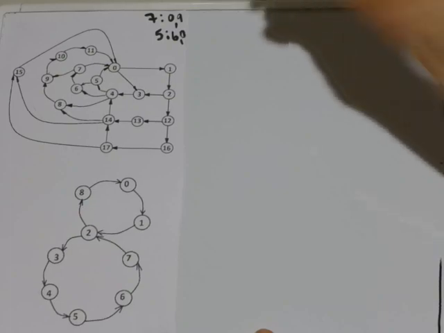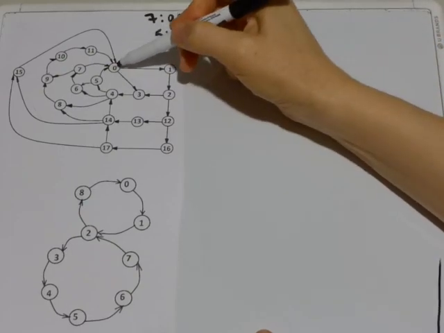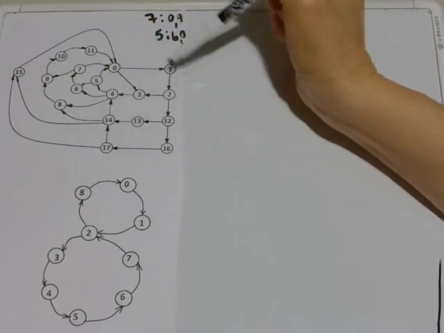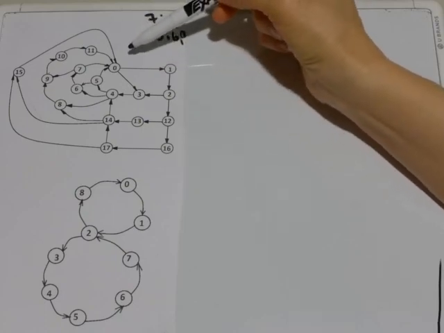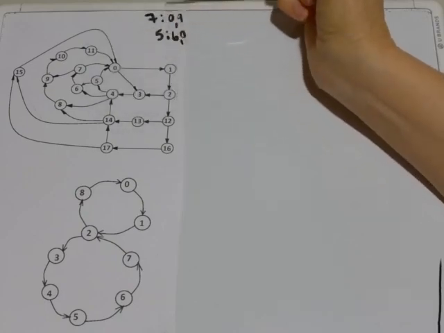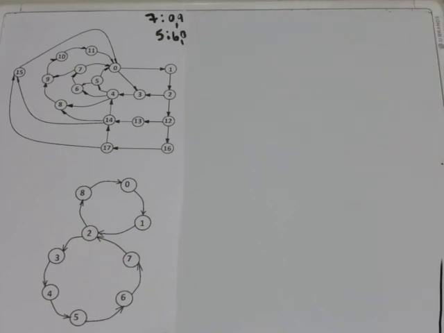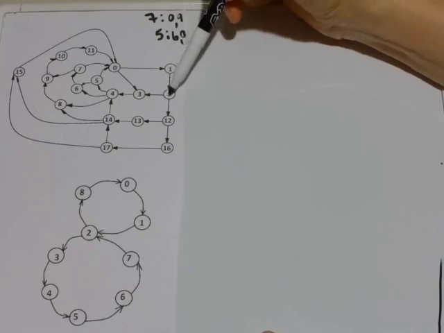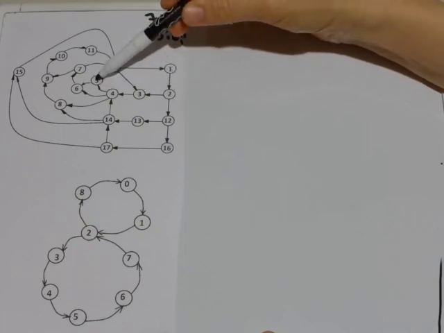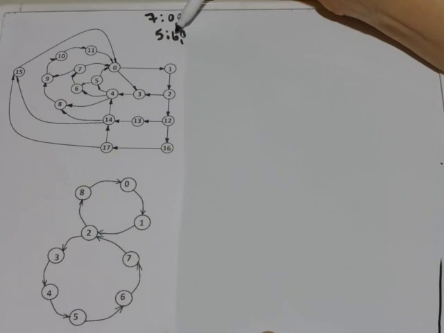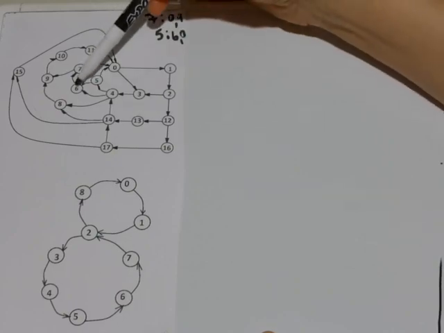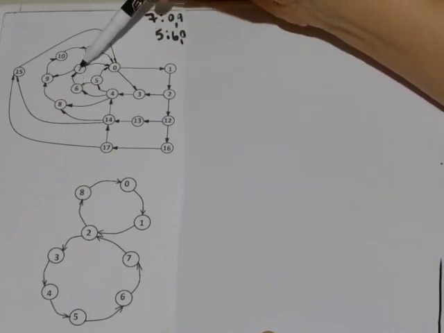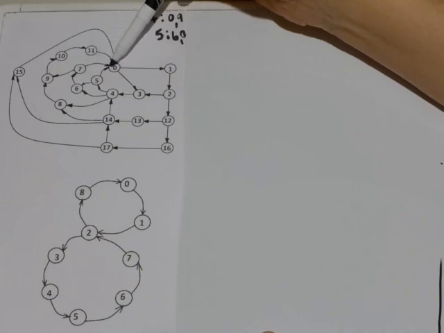Now, let's start at 0. Initially, we set the distances of every node to -1. And let's assume that the adjacency lists of the rest of the nodes are stored in increasing order of vertices. So we start at 0, we go to 1, 2, 3, 4, 5. 5 has 6 before 0, so it goes to 6, and then it goes to 7, and here we go to 0 first.